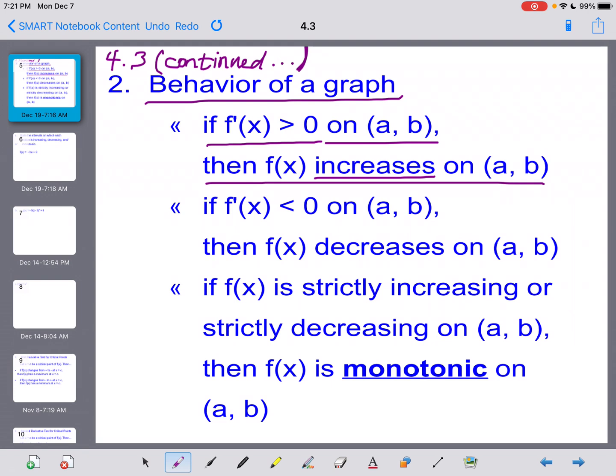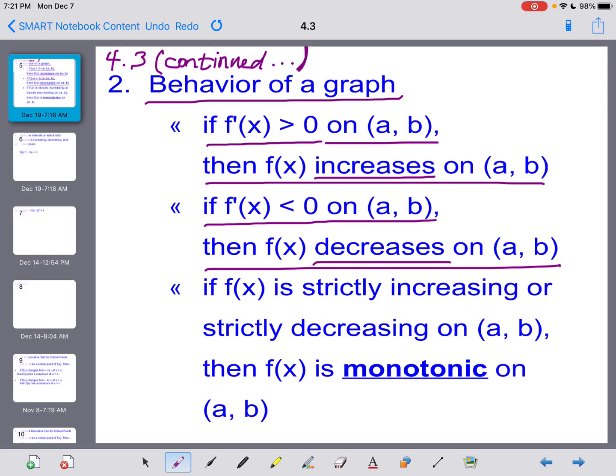Now, the next statement is just the inverse of that. If your function's derivative, f prime of x, is negative on an interval from a to b, then we can say that your function, f of x, decreases on that interval. So put those first two statements together, guys. A positive first derivative tells you that your behavior is increasing, and a negative first derivative tells you that your behavior is decreasing.